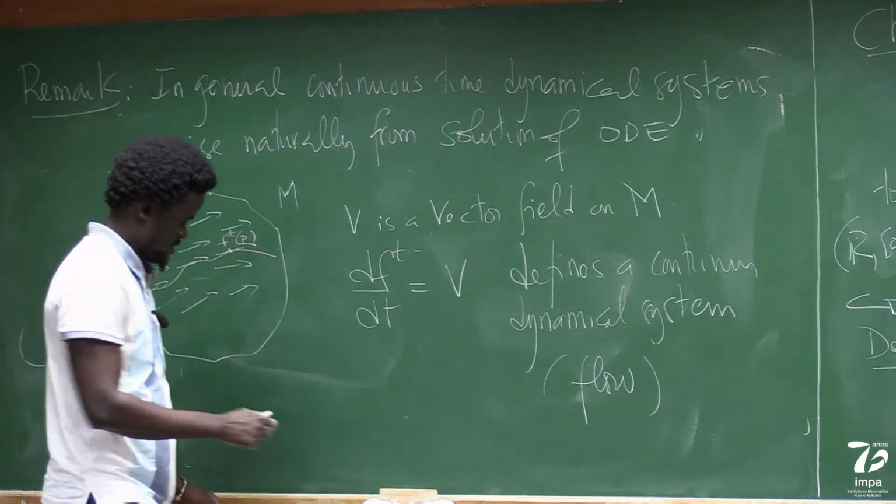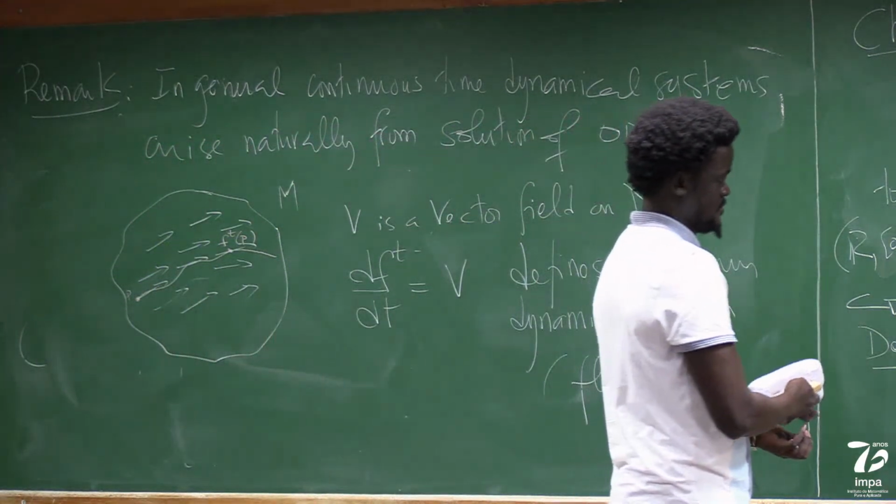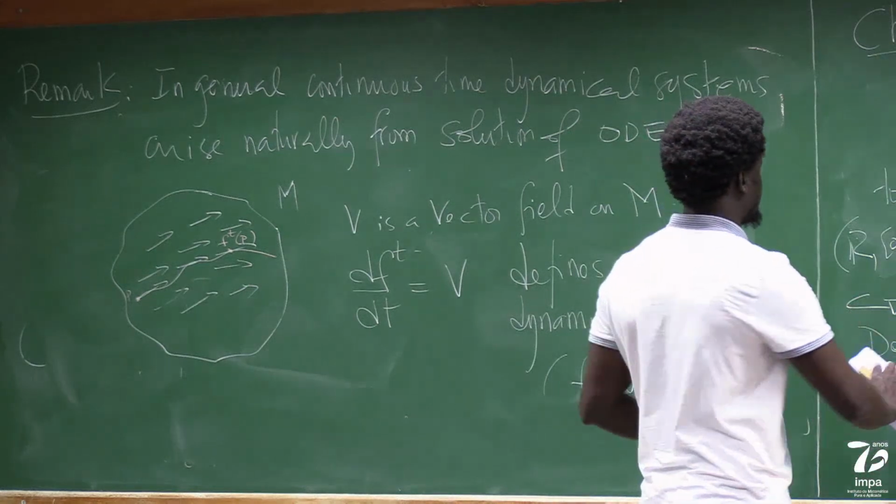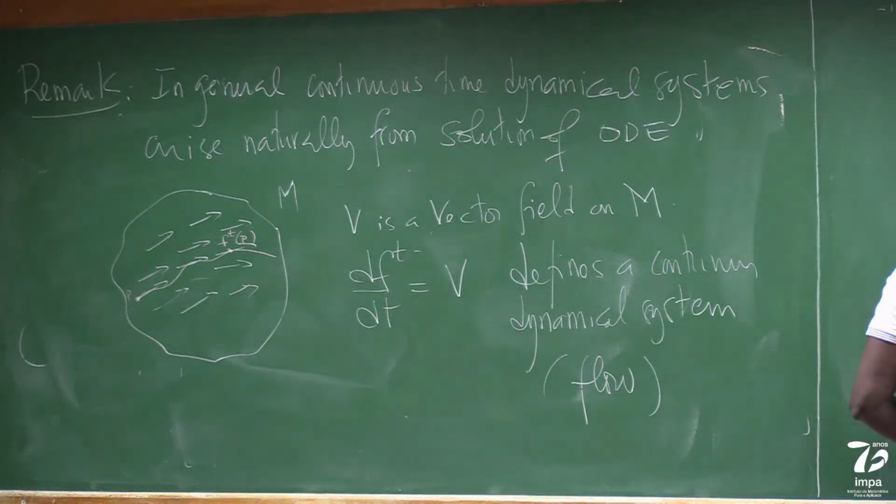So now we have these two definitions, a discrete time and a continuous time dynamical system.